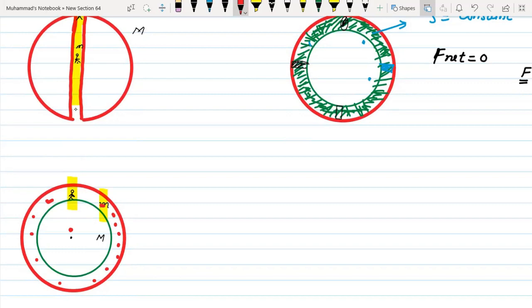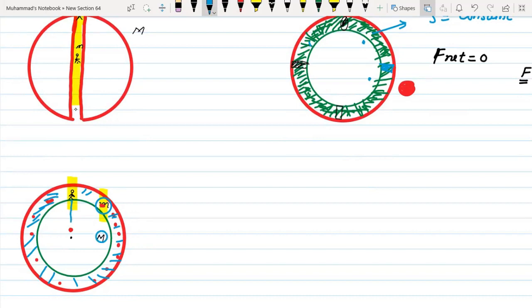So according to this diagram, you are not experiencing any force due to mass m. You don't feel any net force due to this mass m. So this region of mass does not apply any net force on you. So you are only experiencing force due to this mass.